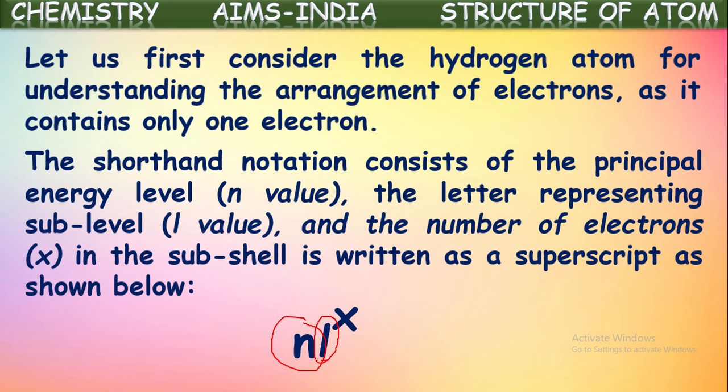In this particular orbit, there might be different subshells. In which subshell this electron is located is given by this l value. And this x represents the number of electrons present in that subshell. How many electrons are there in that subshell is denoted by x. So this is known as nlx notation.